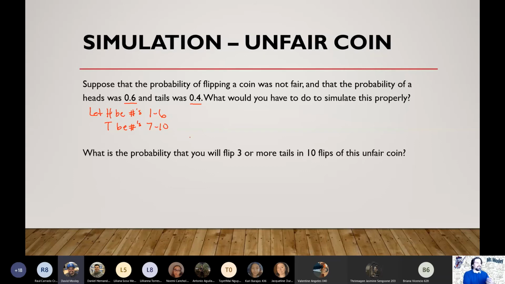Right, so I'm going to use a random number generator to simulate the coin flipping.